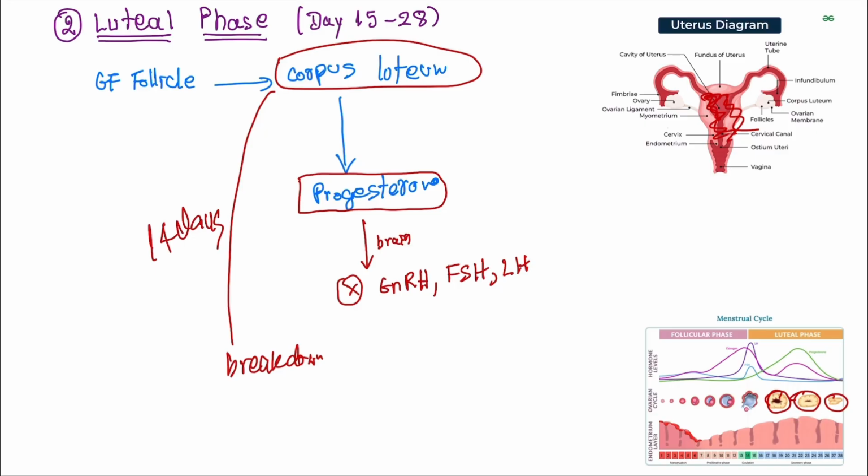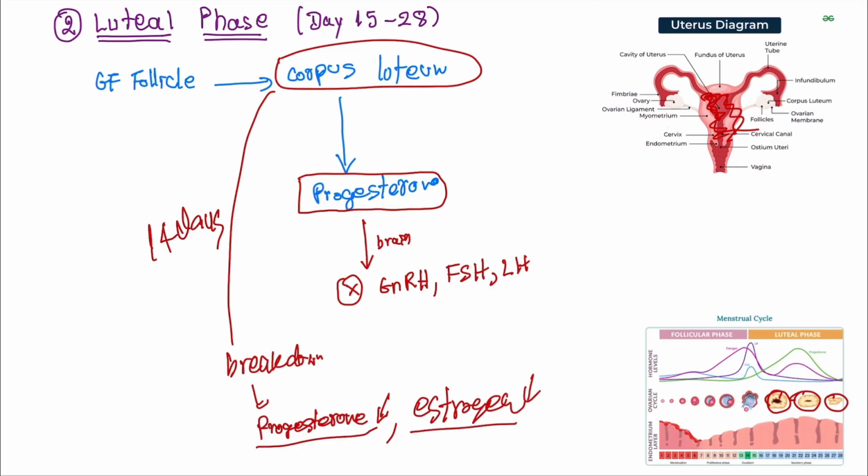When the corpus luteum breaks down 14 days after ovulation, the progesterone also decreases. As a result, progesterone is decreasing, and estrogen is decreasing because there is no FSH to stimulate the growth of the follicle anymore. So all the hormones are decreasing in the latter part of the luteal phase.